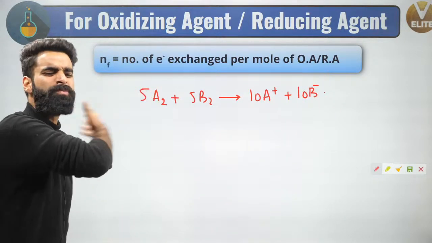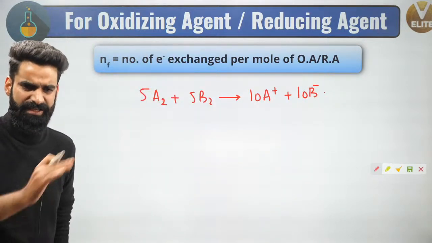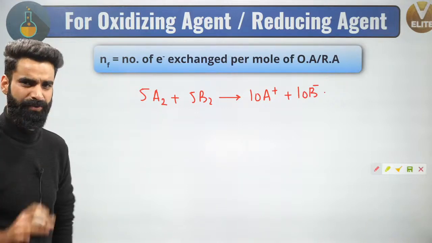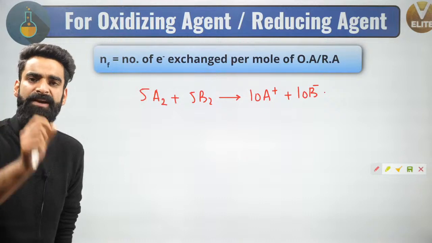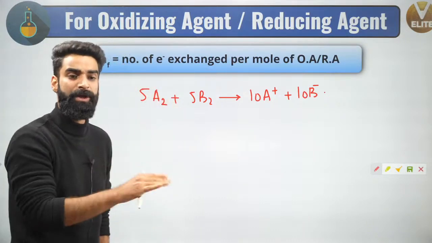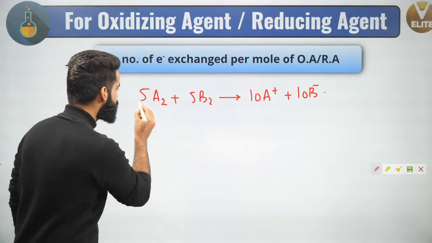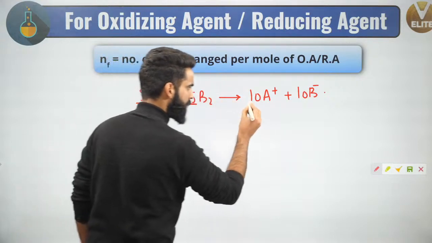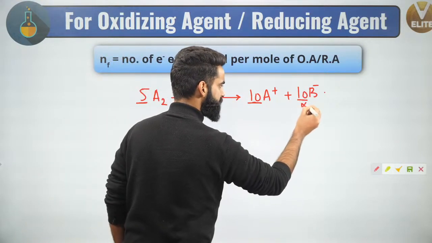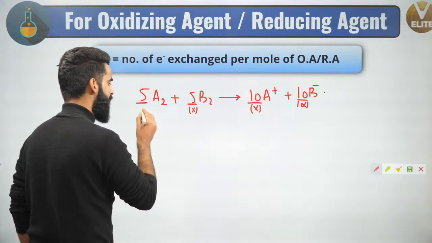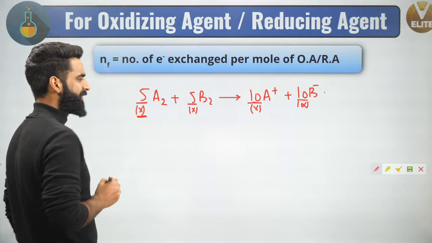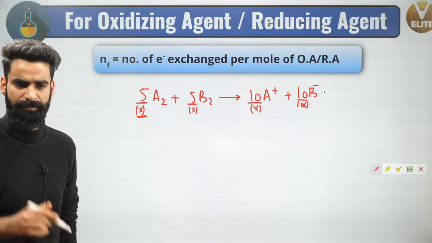Let's assume this is one balanced chemical equation. See what I'll be doing, guys. Remember, whenever you want to calculate the n factor of any reactant or product in a reaction, you have got nothing to do with these stoichiometric coefficients. Remember one thing, whenever you'll be given a balanced chemical equation, you'll have to do nothing with these stoichiometric coefficients right here. Understand, guys?